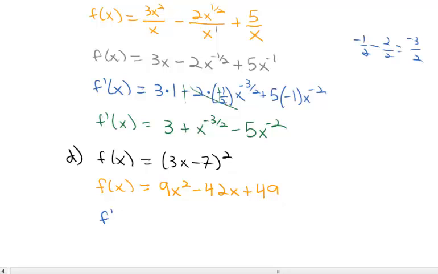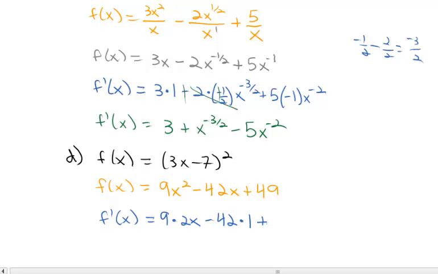Now we can take the derivative of f of x. We have 9 times the derivative of x squared, which is 2x, minus 42 times the derivative of x, which is 1, plus 49. Whoa, no. Sorry.